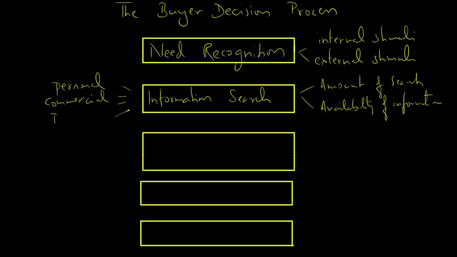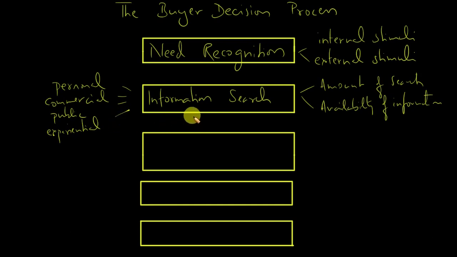The consumer might also look for information through public sources like mass media, consumer rating organizations, etc. The consumer might also look through experiential sources like going to the shop and handling the product by himself and understanding about the product.